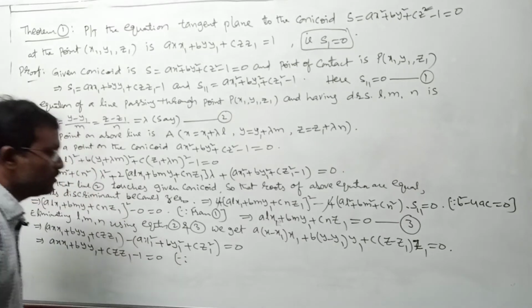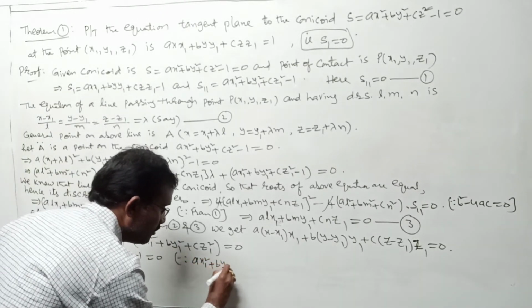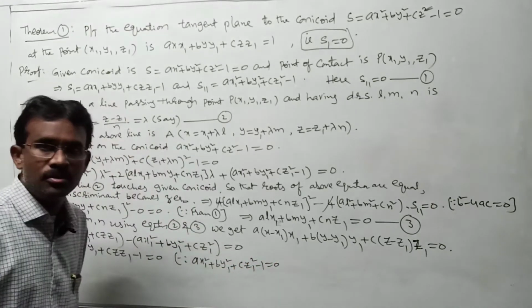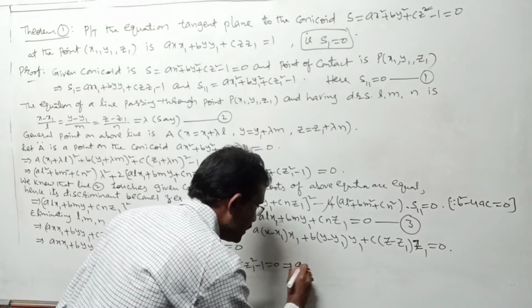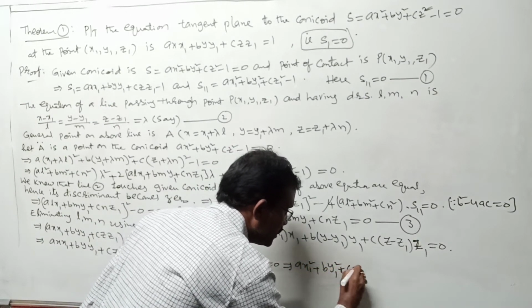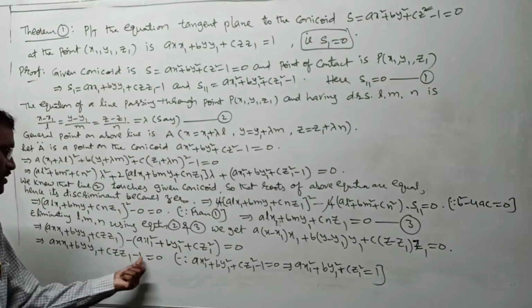Since AX1 square plus BY1 square plus CZ1 square minus 1 equal to 0, this implies AX1 square plus BY1 square plus CZ1 square is equal to 1. This total term we are replacing with 1.